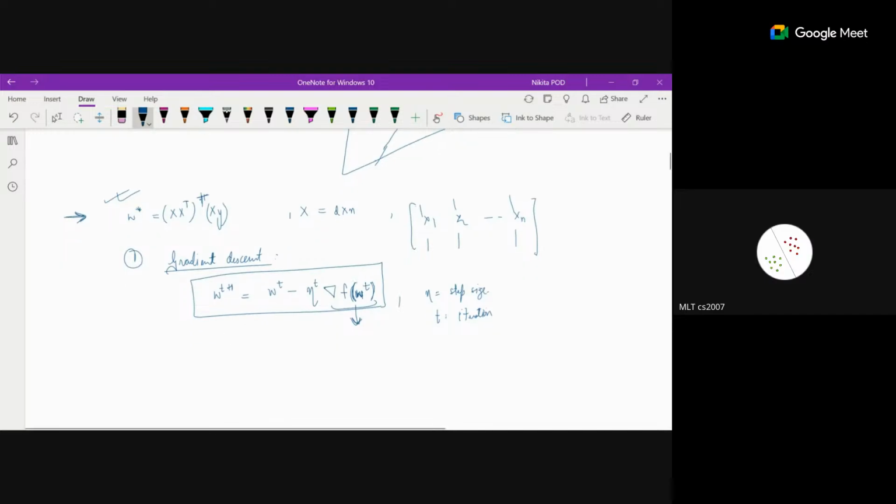Our original problem was the norm squared of X transpose W minus y, right?